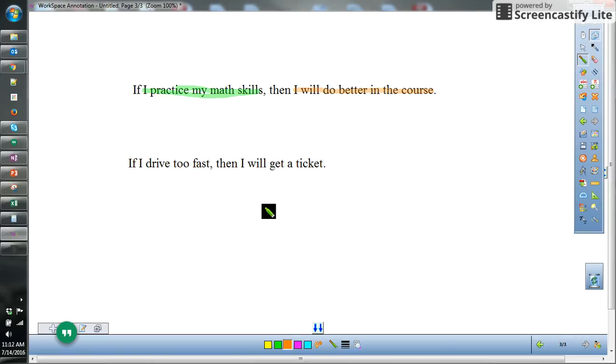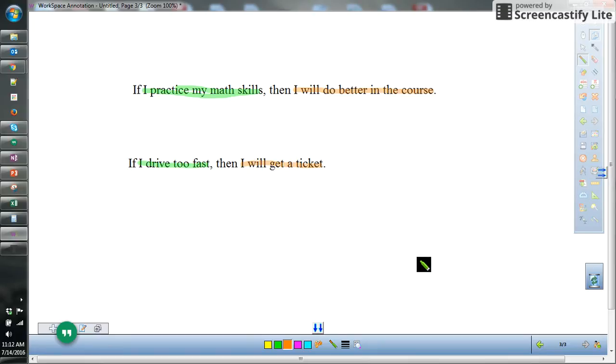It says, if I drive too fast, then I will get a ticket. I'm not going to give you too much time this time. But this time, our hypothesis is I drive too fast. And our conclusion is I will get a ticket.